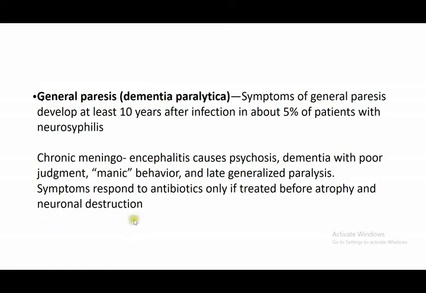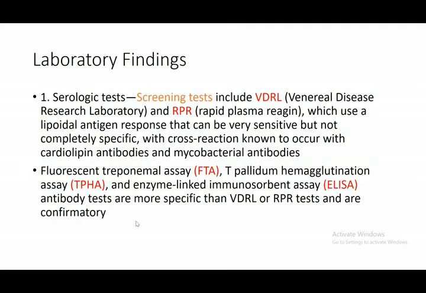In this very advanced stage, chronic meningoencephalitis causes psychosis, dementia with poor judgment, manic behavior, and generalized paralysis. These symptoms may respond to antibiotics only if treated before atrophy and neuronal destruction. Once atrophy occurs in the brain, you cannot treat these symptoms with antibiotics or treatment for neurosyphilis.